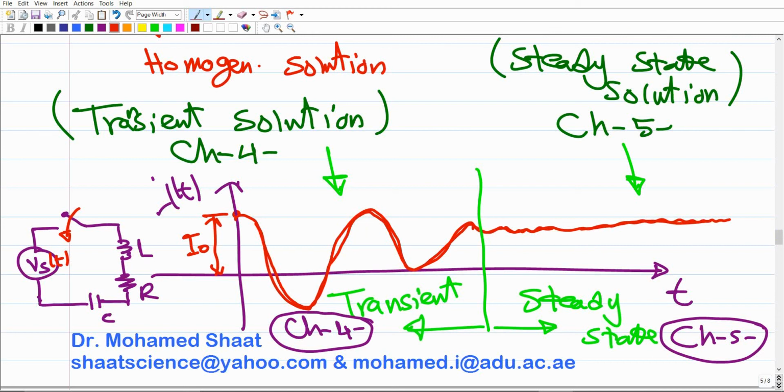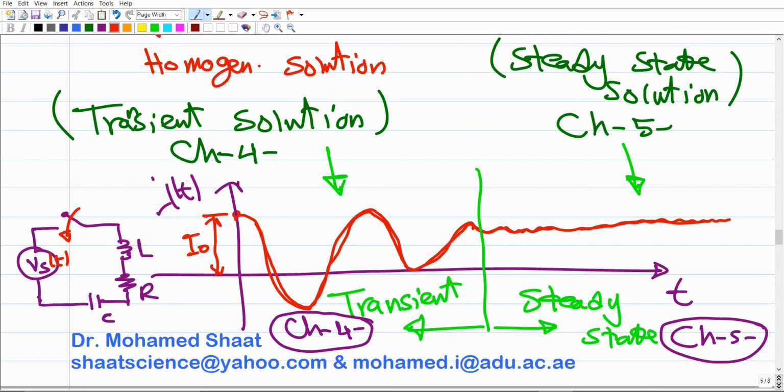It's like starting the engine of your car. Once you start the engine, some vibration shows up till it becomes steady, just the initiation. So the transient behavior is the initiation of the electrical circuit's work, right?